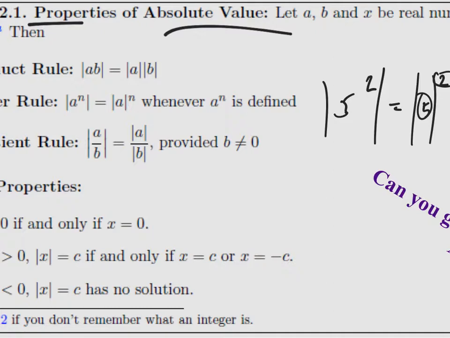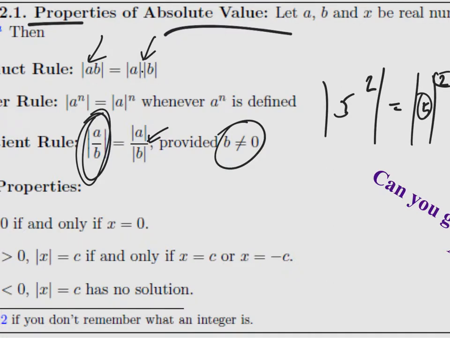All right, how about this one? Basically saying if you want to break up multiply into something times something, you can break up divide into something divided by something, provided that b is not equal to 0, because you can't have a 0 on the bottom.